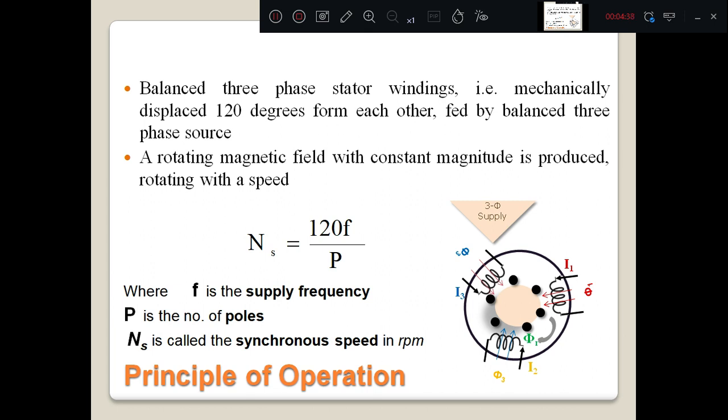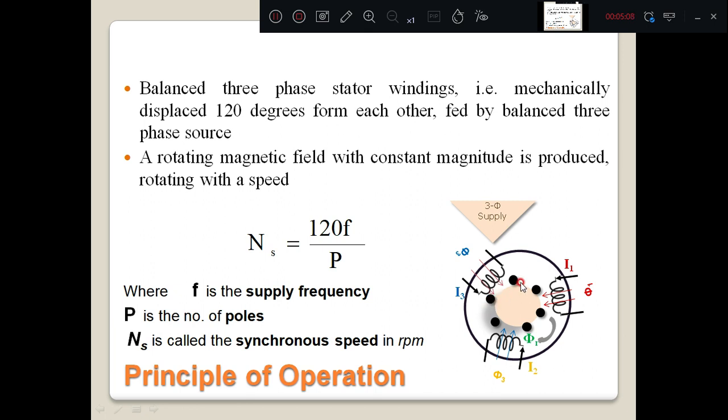Then you can recall the principle of operation of a motor that states that whenever a current carrying conductor is placed under a magnetic field, a force is exerted on it. See here, because of the rotating magnetic field, there is an induced voltage in the rotor conductors. The rotor conductors are short circuited. Because of that, the current starts flowing in the rotor conductors.